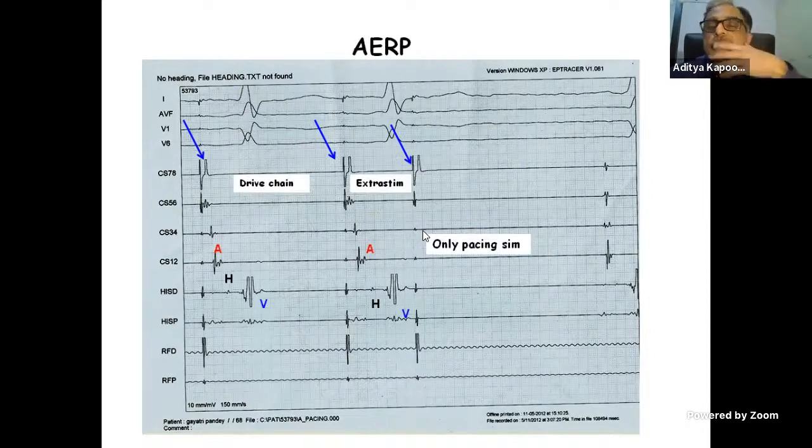Right. So again, this is just for understanding. These are small points, but whenever you are doing a conventional EP and you are measuring all this, it's useful to remember what is AV node ERP, what is atrial ERP, what is VA ERP versus what is VE ERP. Can I move on, sir?